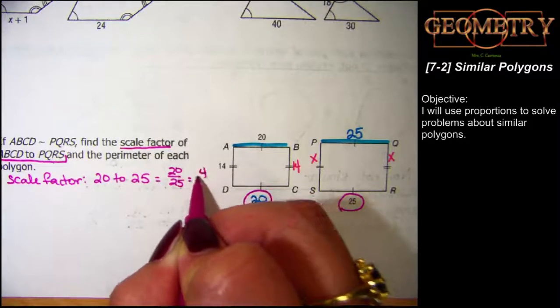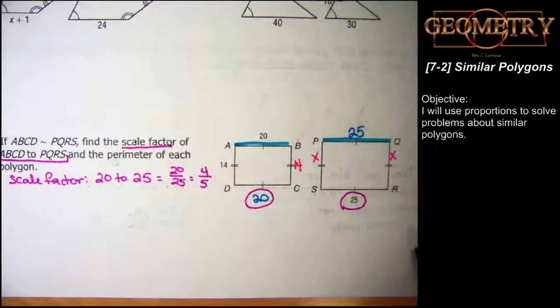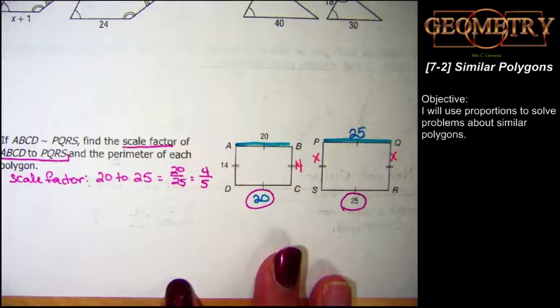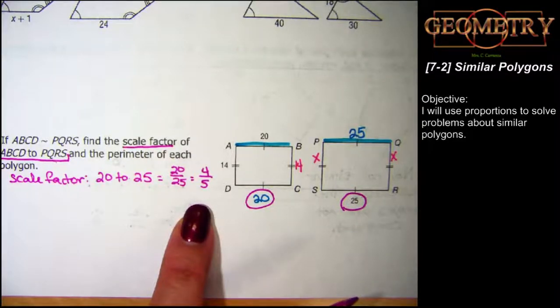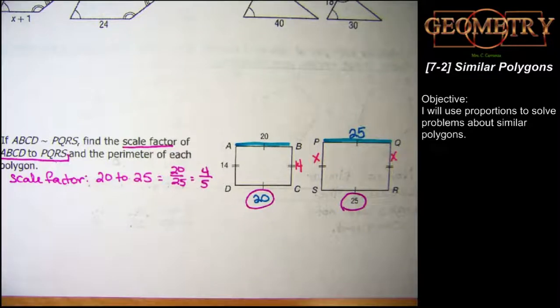And reducing it gives me 4 over 5. There's my scale factor. Now to find the perimeter, if you look at the very top of the page, the perimeter is found by taking this scale factor and setting it equal to the ratio of the two perimeters. Again, we're going to follow the same order that our scale factor is in.